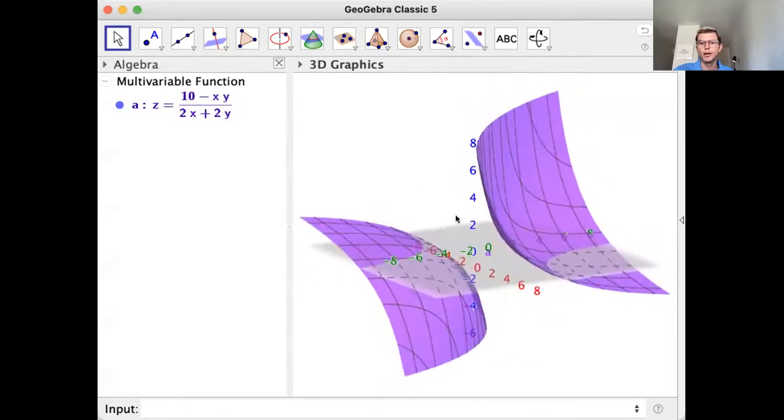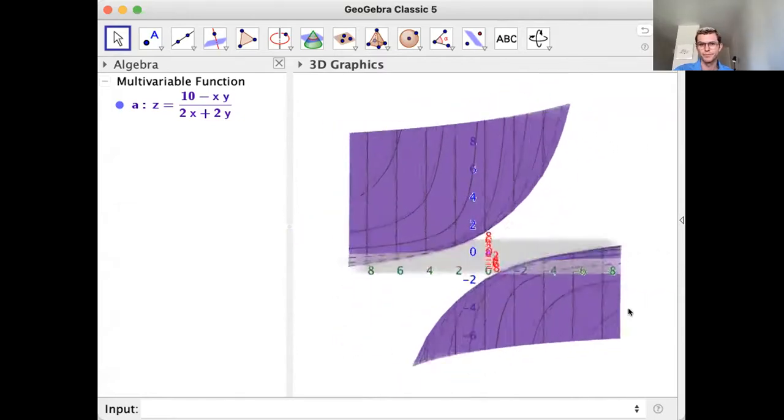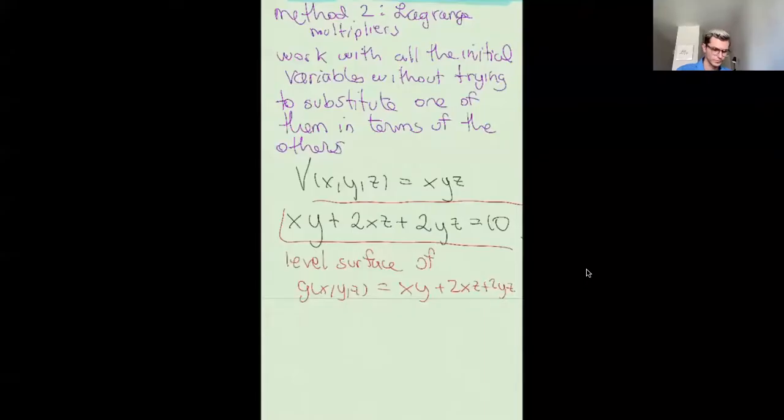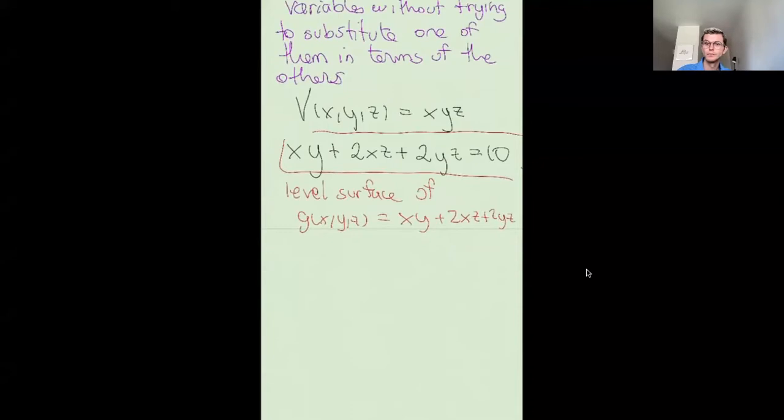So on all these points, xy plus 2xz plus 2yz equals 10. Okay. Would 10 represent the value of z at that level surface? Yes, this would be what we called in the problems little z, right?